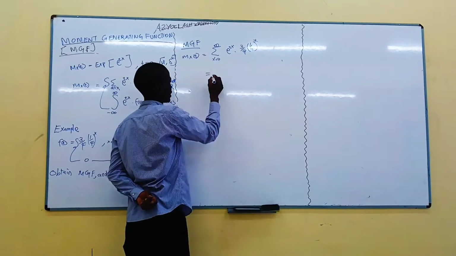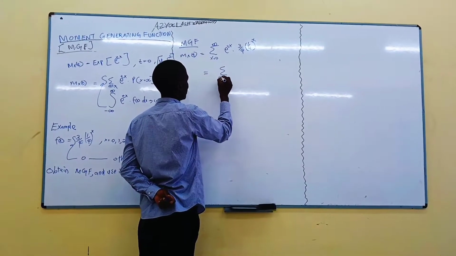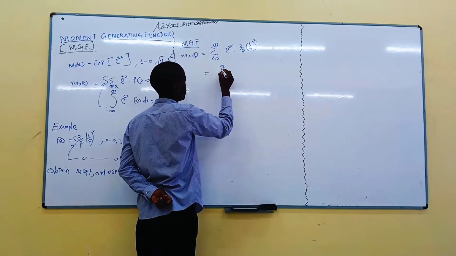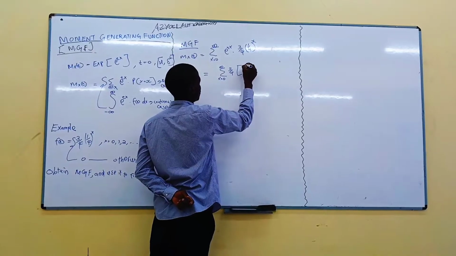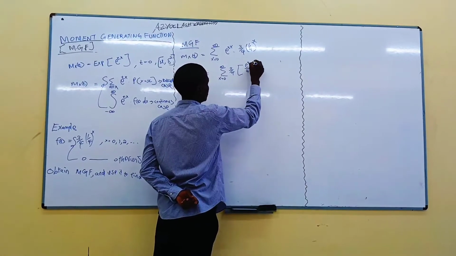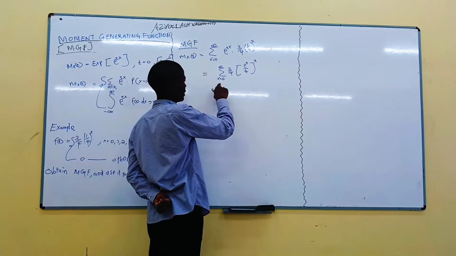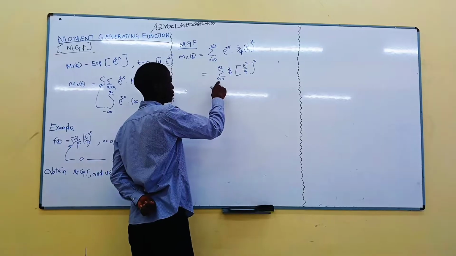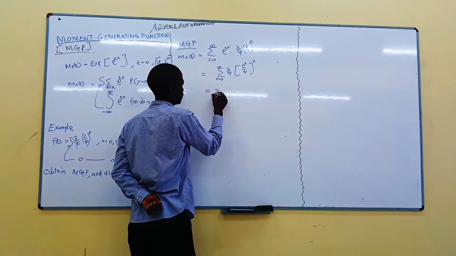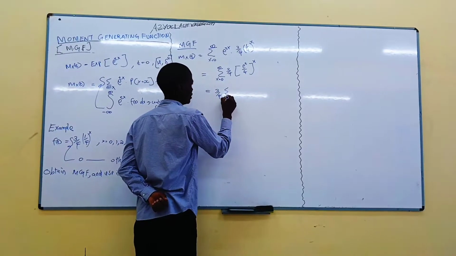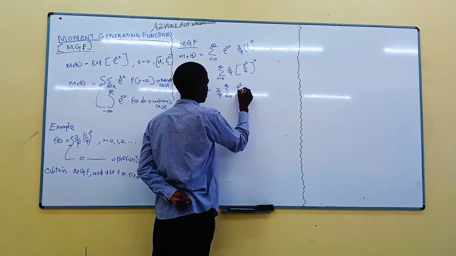We factorize out the part containing x: the summation from x equals 0 to infinity of 3/4 times (e^t/4)^x. The 3/4 does not contain x, so we write it outside the summation.